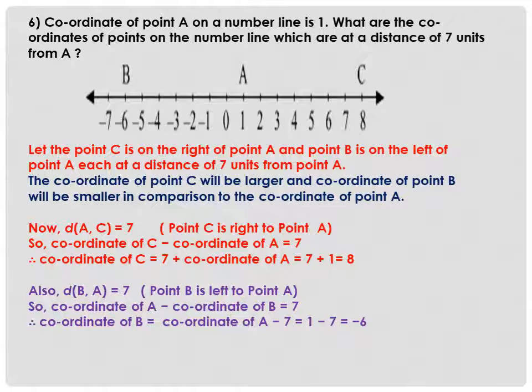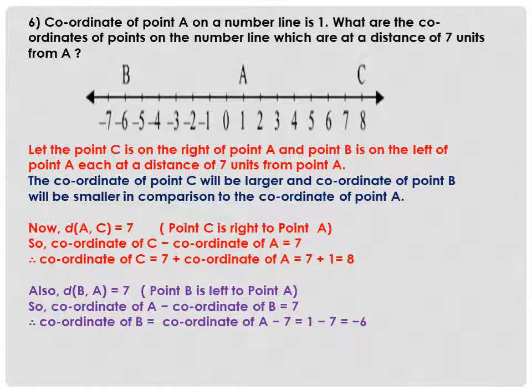Now consider B. Here the distance BA is equal to 7, given. Point B is at the left side of A, left to the point A. Then the coordinate of A is greater than the coordinate of B, because A is now the right-hand side coordinate. Then the coordinate of A minus the coordinate of B equals the distance, which is 7.